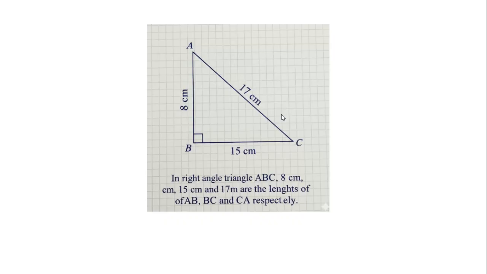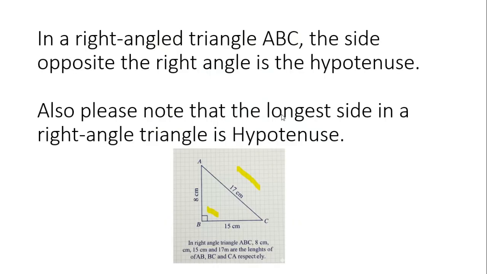Now, in a right angle triangle, these are the basic rules. In a right angle triangle ABC, the side opposite to the right angle is the hypotenuse, that we know pretty well. And we need to note that the longest side in a right angle triangle is the hypotenuse. These are the two basic rules of a right angle triangle.